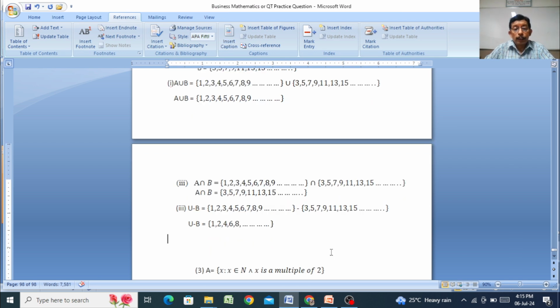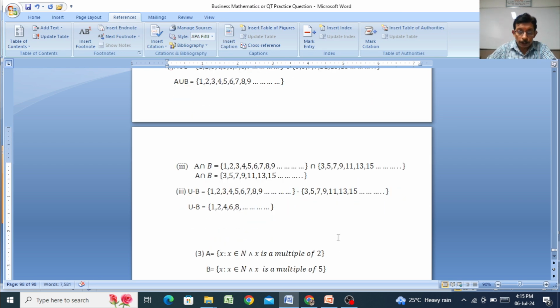Then U minus B is the set of 1 and all even numbers.